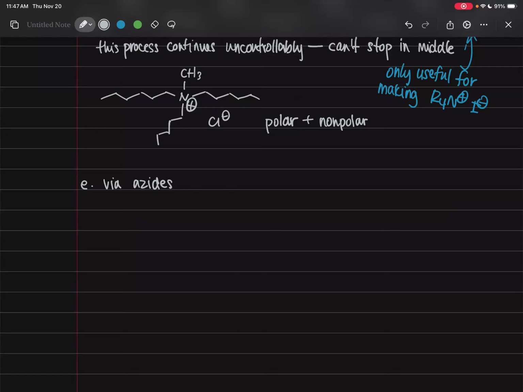The next method is using azides. This is a new functional group that you probably haven't heard of before. But if we take an alkyl halide and react it with NaN3, looks very strange.